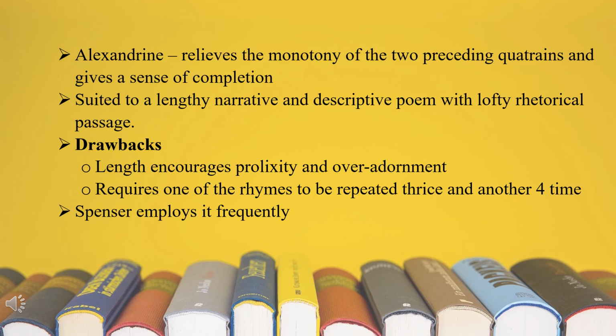Drawbacks of Spenserian stanza are the length encourages prolixity and over adornment and requires one of the rhymes to be repeated thrice and another one 4 times. And Spenser employs this particular stanza form very frequently.